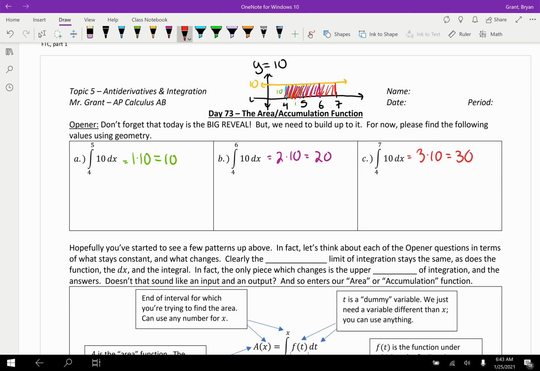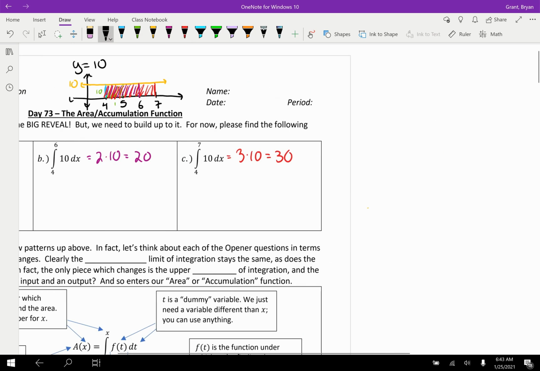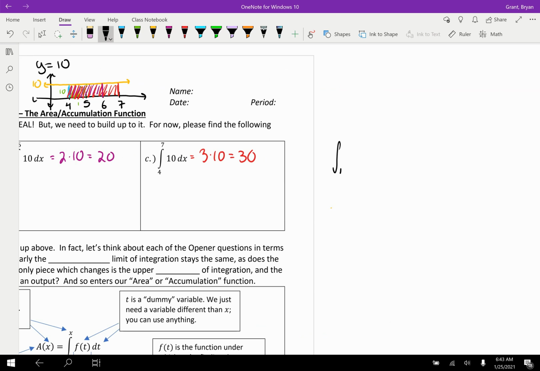Now, I'm hoping that you can see a pattern here, right? We went from 10 to 20 to 30, and my guess is, and you don't need to write this unless you'd like to, but if I asked you for the integral from 4 to 8 of 10 dx, you could probably say, hey, I bet that's going to be 4 times 10, which is 40, and you'd be 100% correct. Nice.